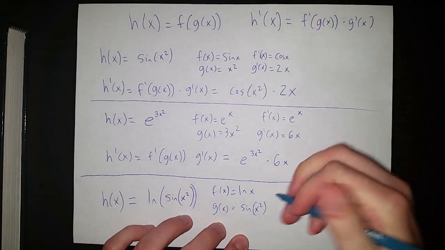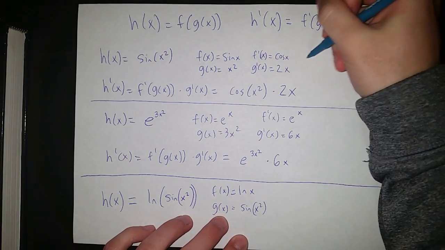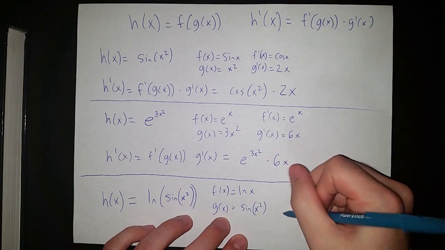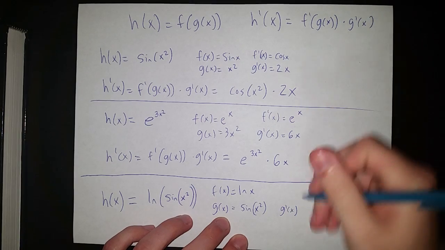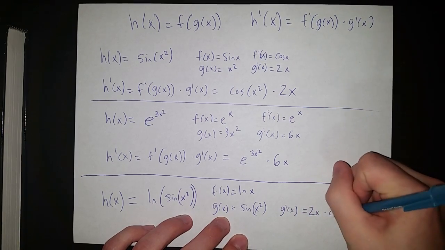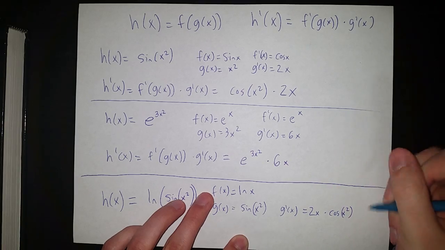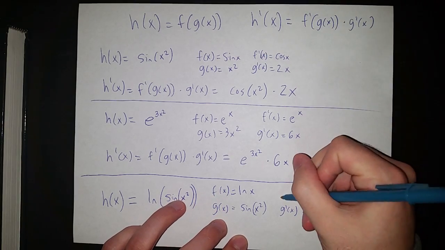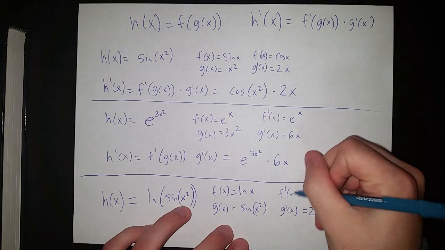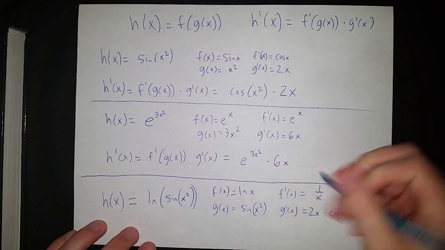So from this one, we know that this is the chain rule problem. We know the derivative from above equals 2x times cosine of x squared, which we use the chain rule for, and f prime of x equals 1 over x.